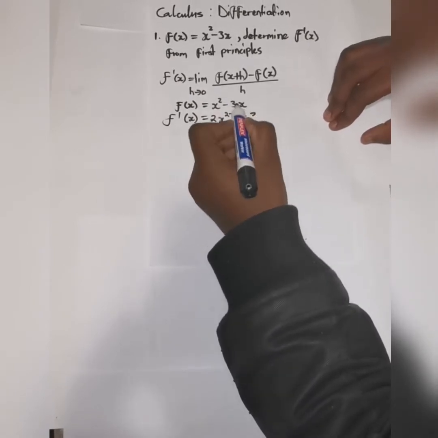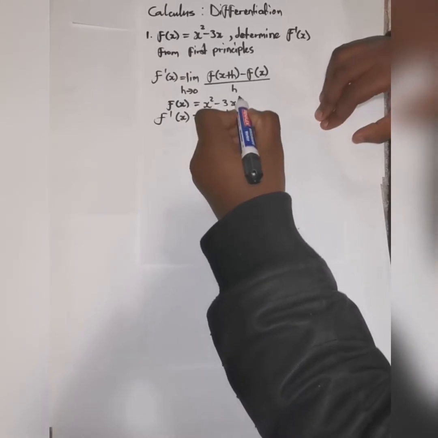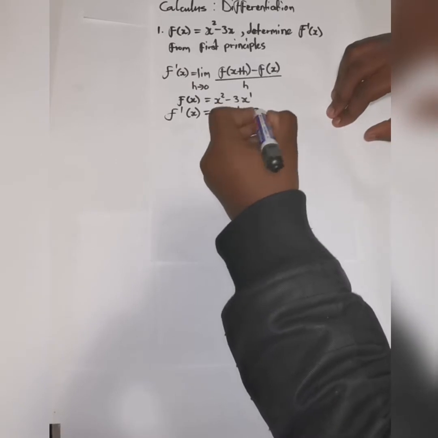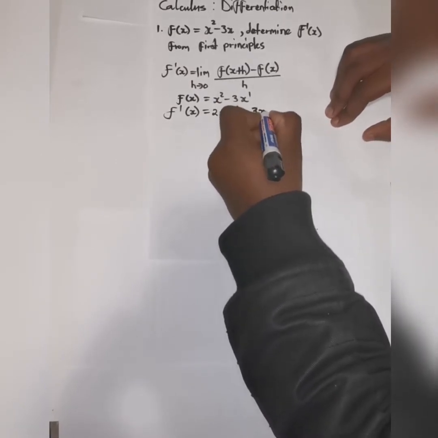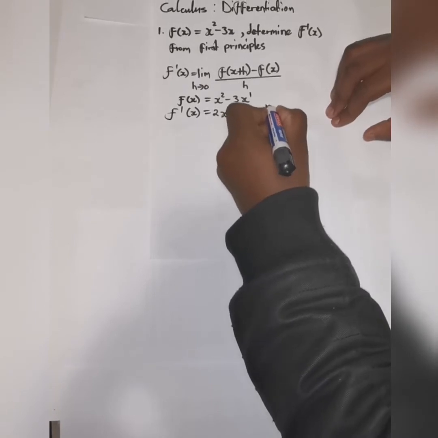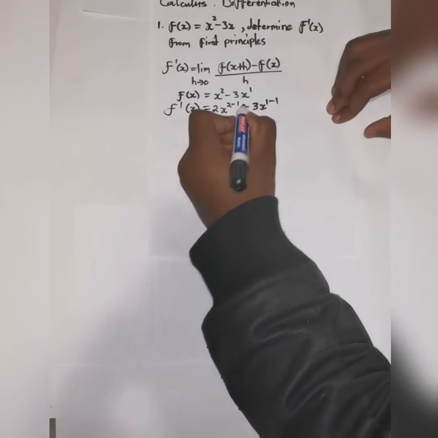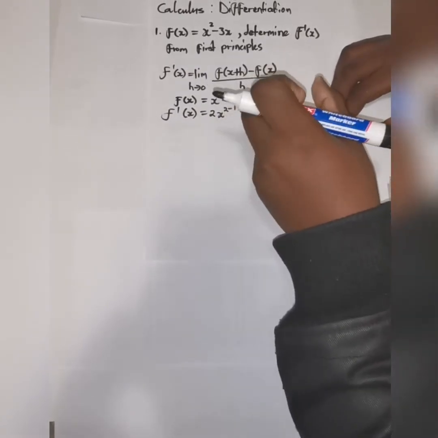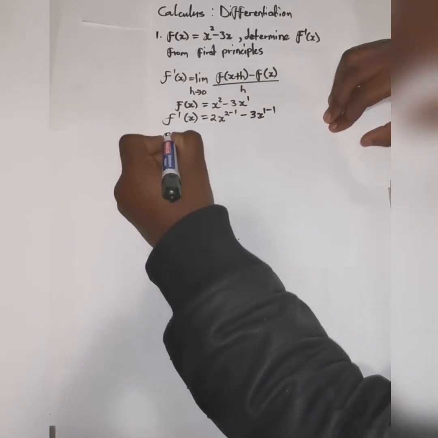So this is 3x, it's the same as 3x to the power of 1, so we take down the 1 to the base, it's going to be 3 times 1, so it's actually 3. And then multiplied by x to the power of 1 minus 1. As we did here, we said 2 minus 1, we're going to do the same here and say 1 minus 1. We subtract 1 from each power. So it's going to be like this.